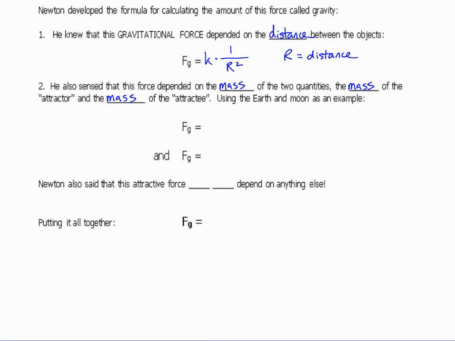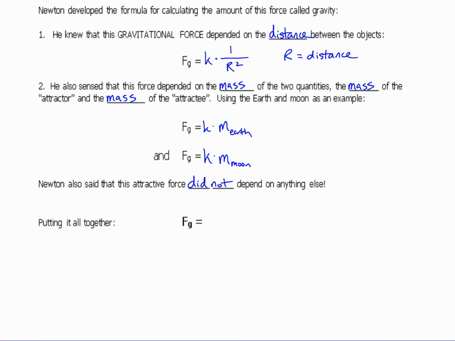Using the Earth and the moon as an example, F of g equals a constant times the mass of the Earth, and F of g equals a constant times the mass of the moon. Newton also said that this attractive force did not depend on anything else.